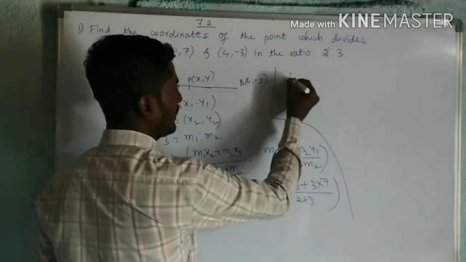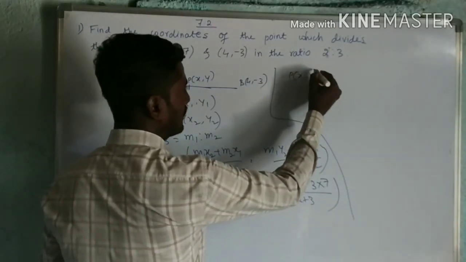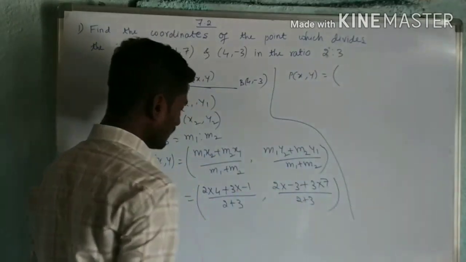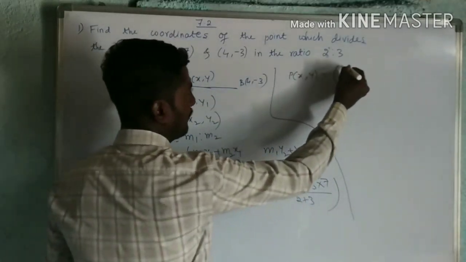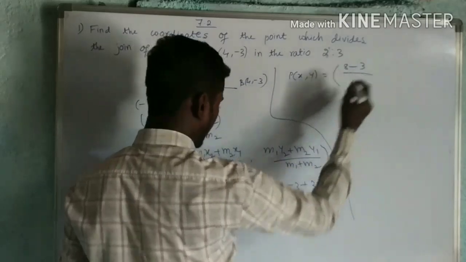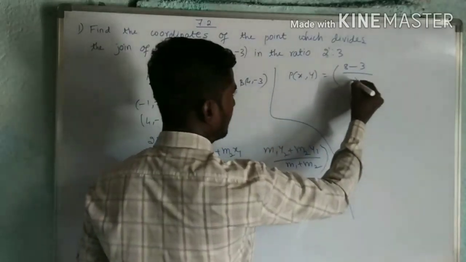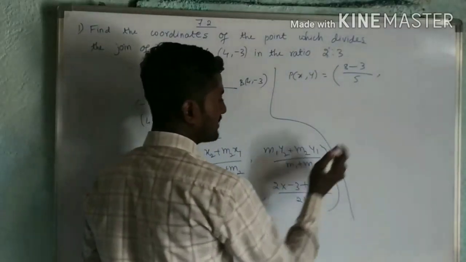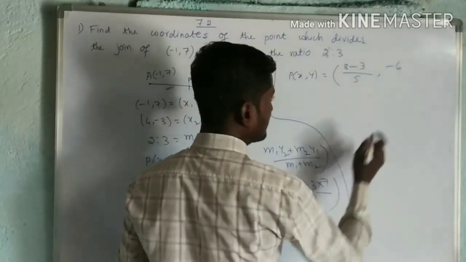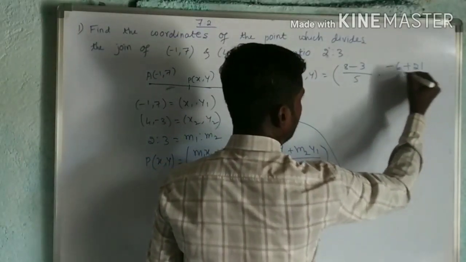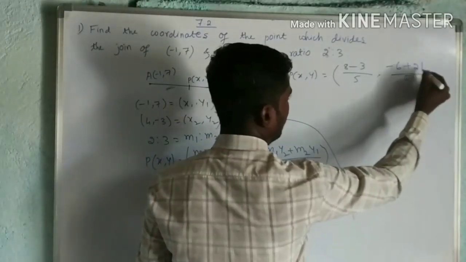Now P of x, y is equal to, let us solve this. (8 minus 3) divided by 5, comma, (-6 plus 21) divided by 5.